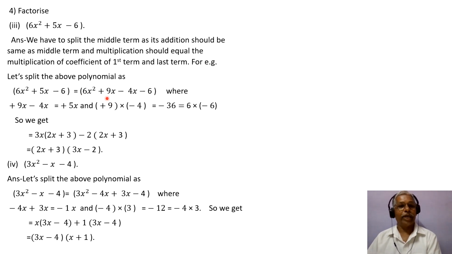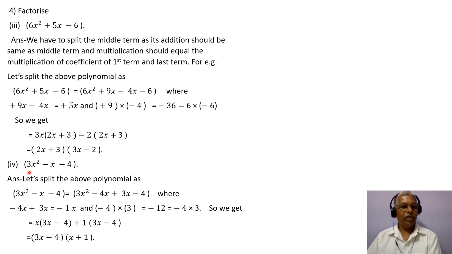Okay, so if you come here, take 3x common, then what is left in the bracket is 2x plus 3, minus 2 common, then 2x plus 3, and again 2x plus 3 common in this, you get in the bracket 3x minus 2. Okay, so these are the factors.